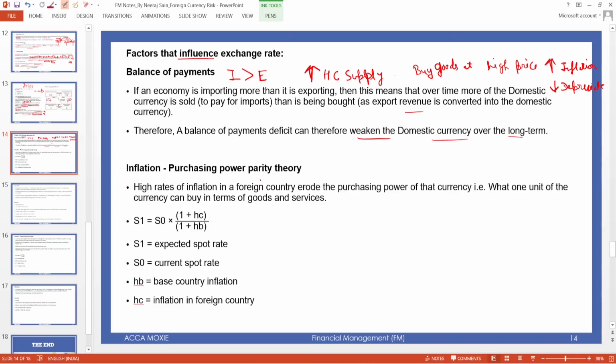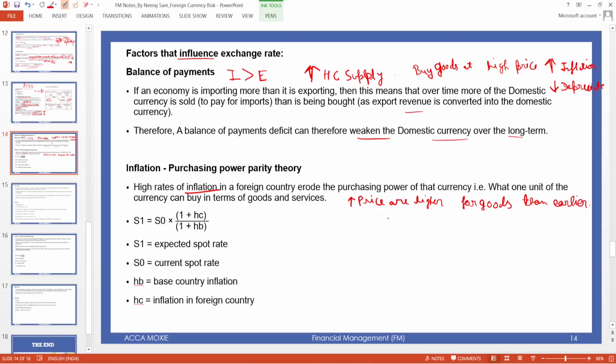The inflation, purchasing power parity theory. Higher the inflation, I already explained. If the inflation is higher in a foreign country, it erodes the purchasing power of the currency. It means if there is high inflation, the prices are higher for goods than earlier.